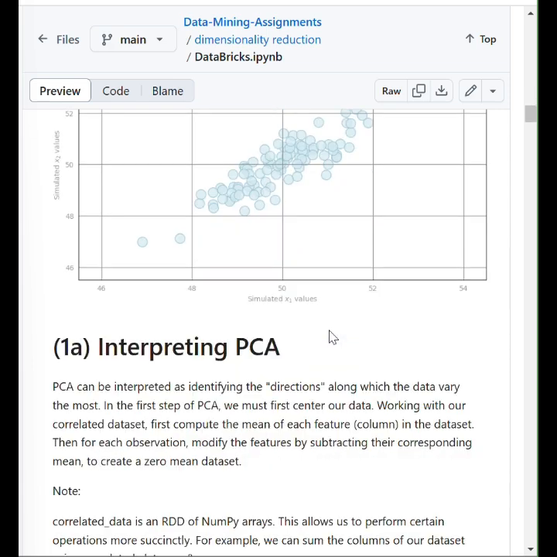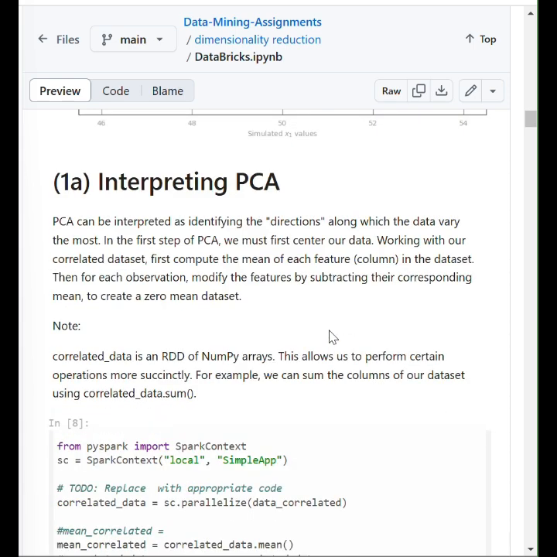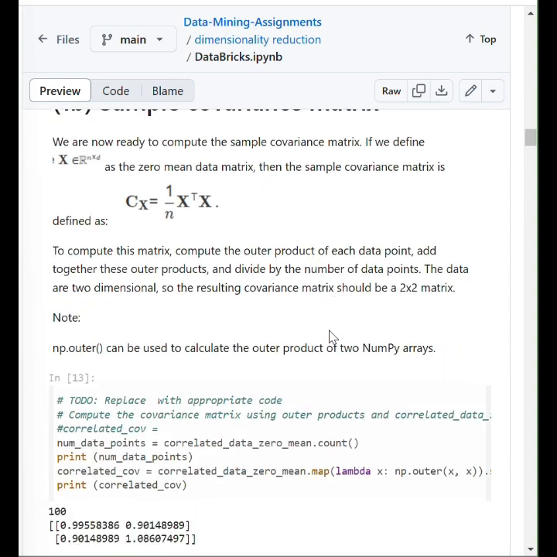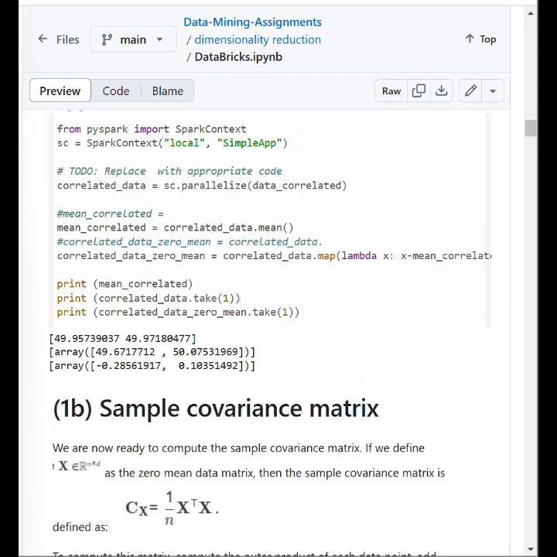In the first step of PCA, we center our data. Working with the correlated dataset, we compute the mean of each feature, that is, column in the dataset. The correlated data is an RDD of NumPy arrays. This allows us to perform certain operations more succinctly.